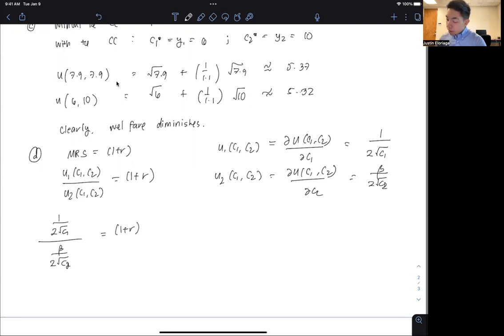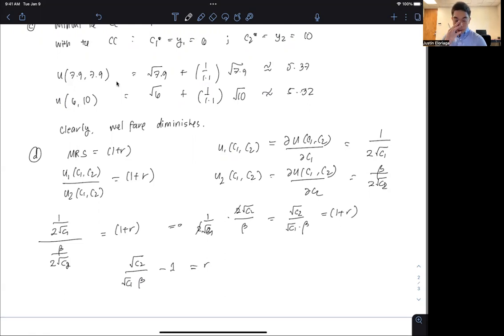Basically this will be equal to 1 over square root of C1, times 2 square root of C2 over beta. The 2's cancel out and you get square root of C2 over square root of C1 times beta is equal to 1 plus R. Therefore, square root of C2 over square root of C1 times beta, minus 1, is equal to R. That would be our real interest rate.